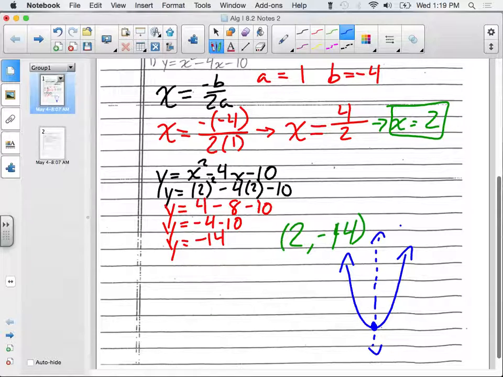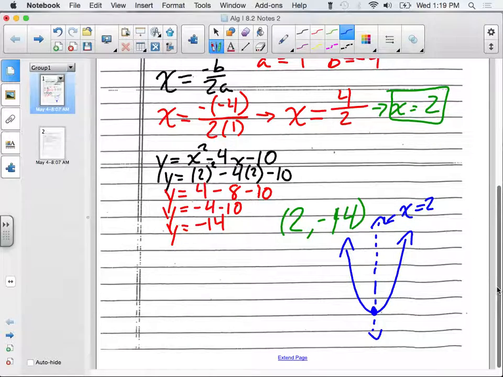x equals 2. So the equation of this line is x equals 2. So every point on that line has an x value of 2. So since this vertical line is x equals 2, every point on it has an x value of 2.